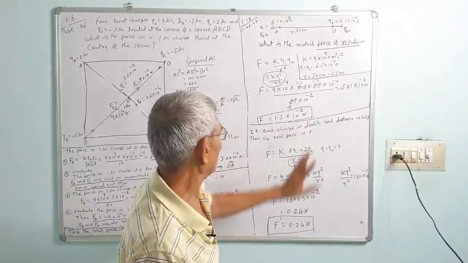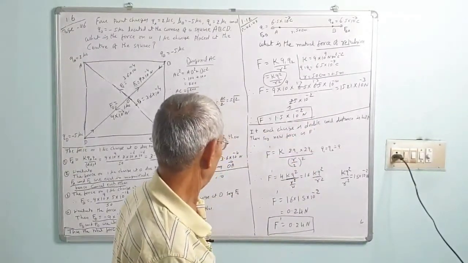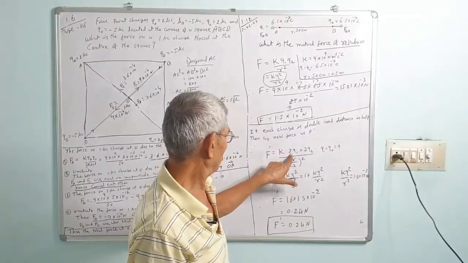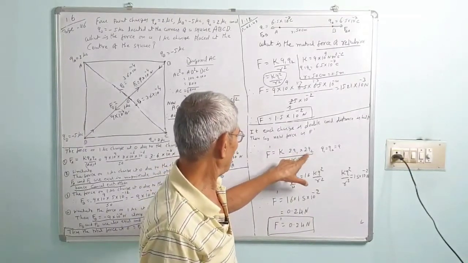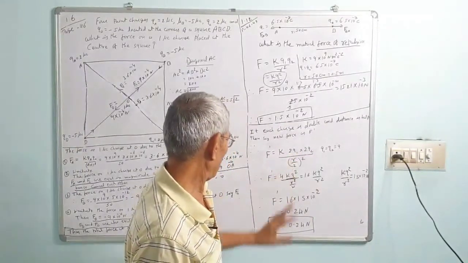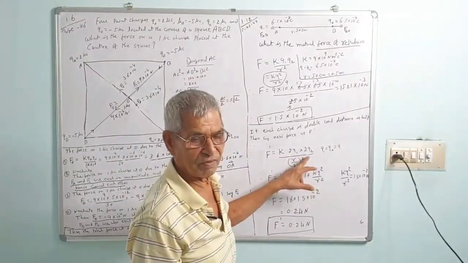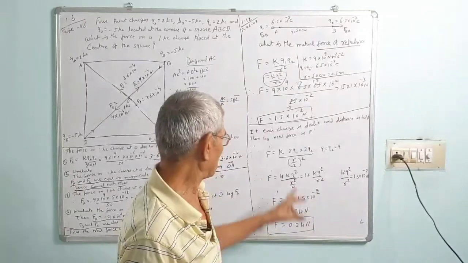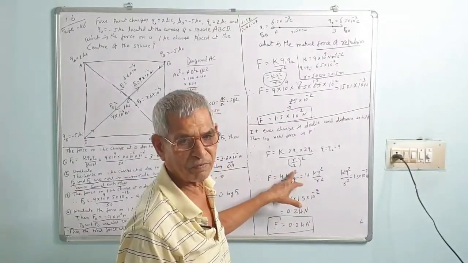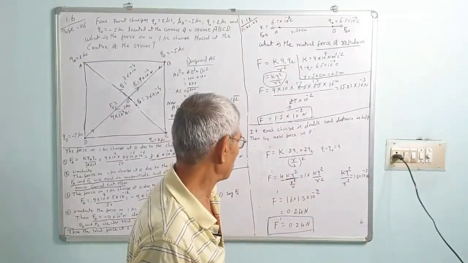Now, if each charge is doubled and distance is halved, charge is double, there is 2q1 and 2q2, distance is half. Charge becomes double, then force will become 4 times. If distance is half, again this force will become 4 times. So force will become 16 times.